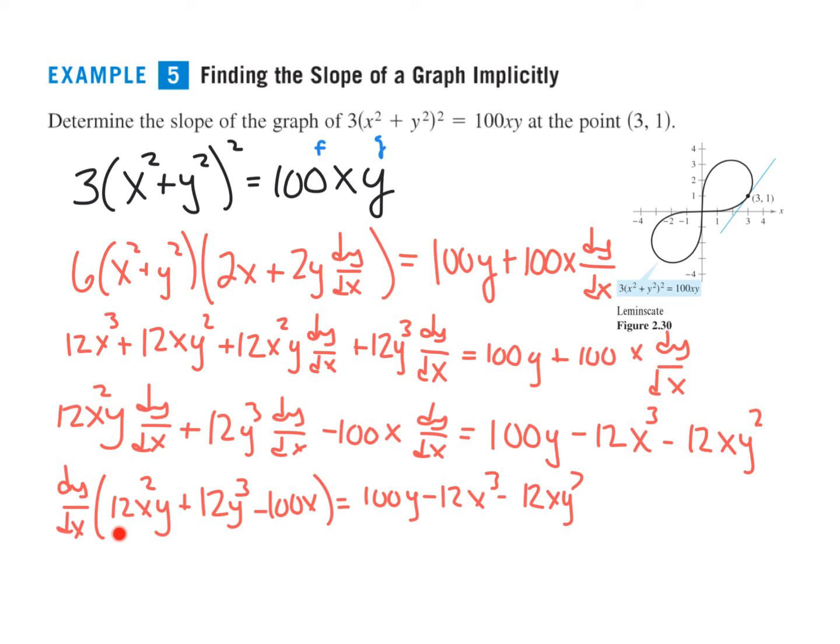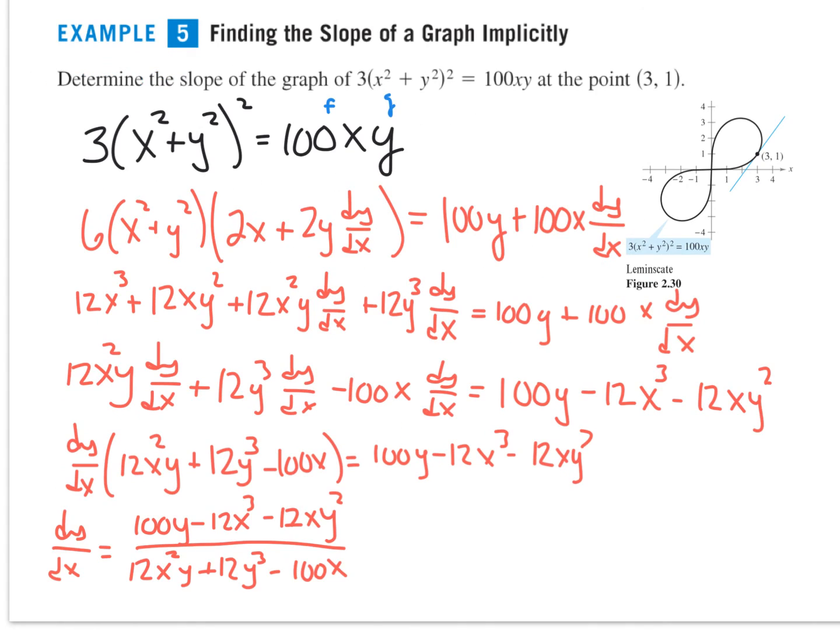Now I'm just going to divide this over to this side, and then that'll be my final answer. So my answer is 100y minus 12x cubed minus 12xy squared, all divided by 12x squared y plus 12y cubed minus 100x. Now, that's the derivative.